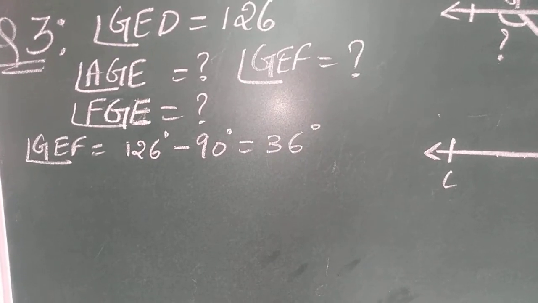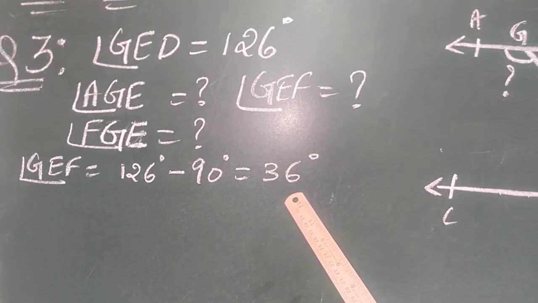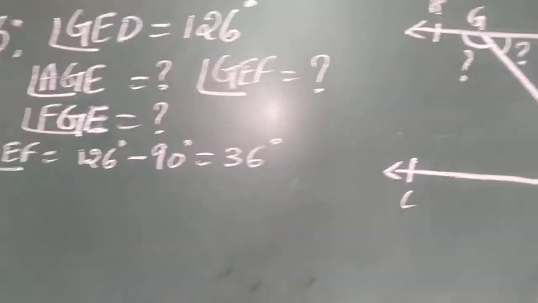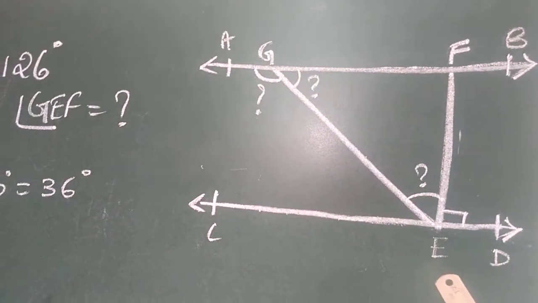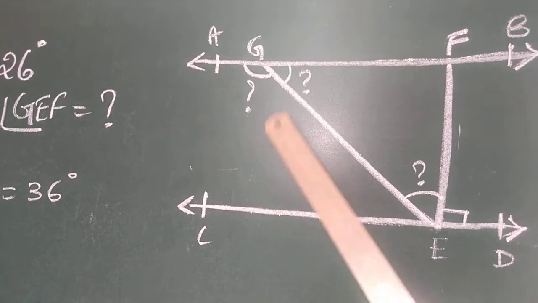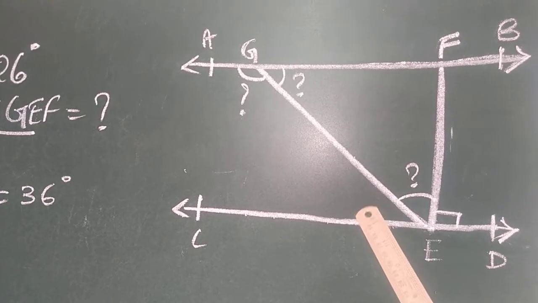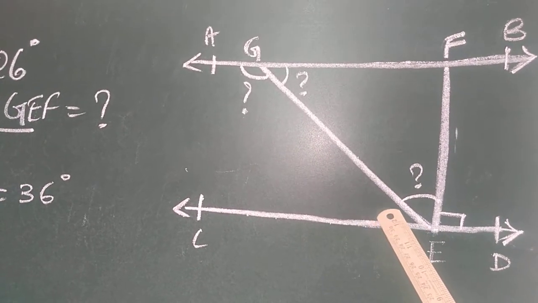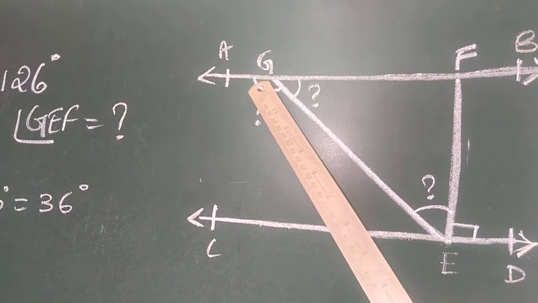Now the same I have written here, GEF equal to 126 degrees minus 90 degrees. I have got 30 degrees. Now how to find AGE? In order to find AGE, first I need to find GEC. See, if I find this angle GEC, I can conclude that the sum of these two angles is supplementary. Isn't it, children?